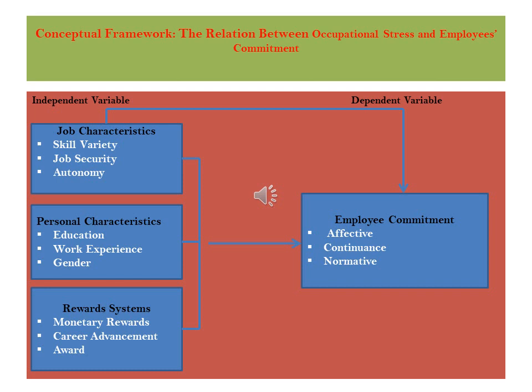Then when you come to the third objective, or rather the third independent variable, which is reward systems, again, we have three attributes: monetary rewards, career advancement, and awards. Again, these are the attributes or the specific issues that you want to focus on so that you have a picture of how reward systems affect employee commitment.